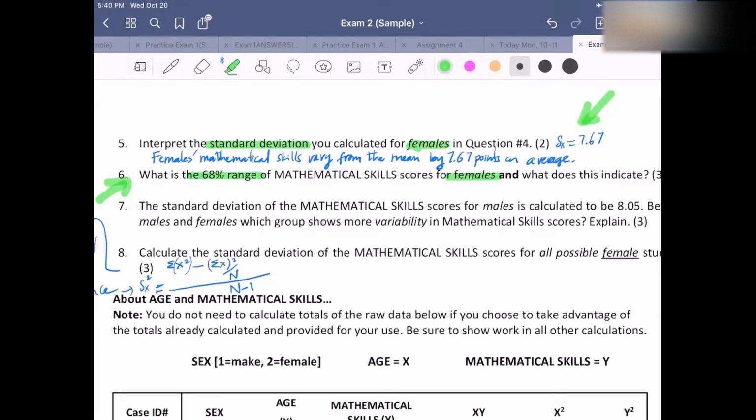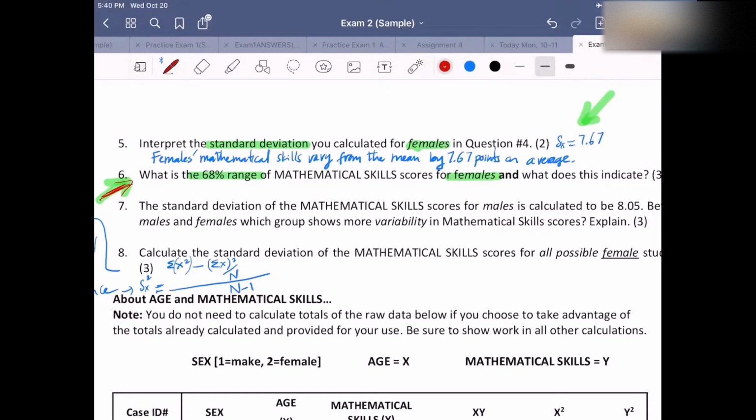All right. So just in case you are not sure how to do this, make sure that you pay attention. So number 6, everyone, we are talking about number 6 right here. So what is the range? 68%. Yeah, the 68 range.